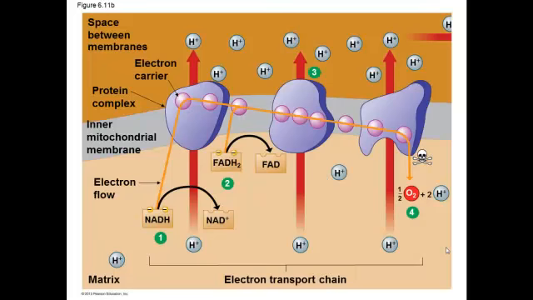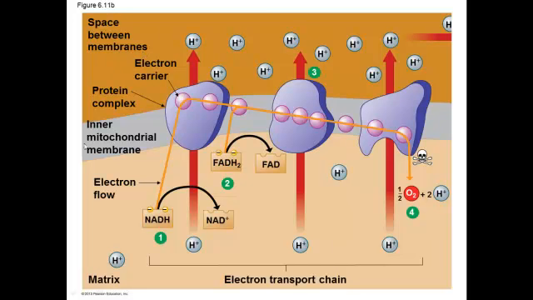Now here is your book's diagram of the first few steps of the electron transport chain. What you really need to notice here is that this lighter color on the bottom represents the matrix of the mitochondria, within the highly folded inner membrane. And this part here is the space between the inner membrane and the outer membrane of the mitochondria.